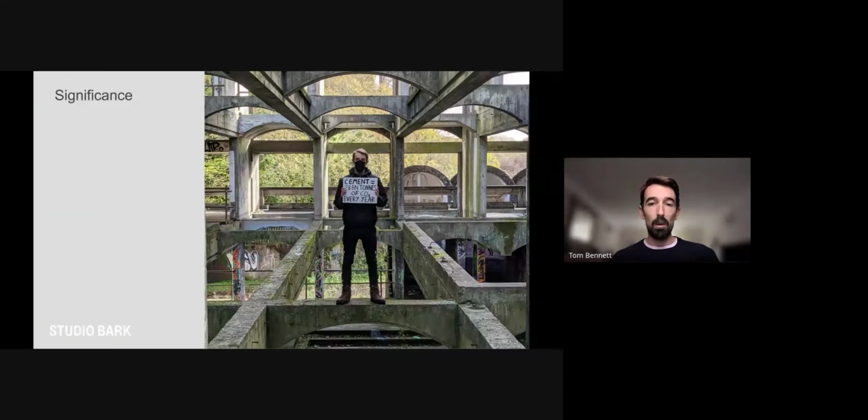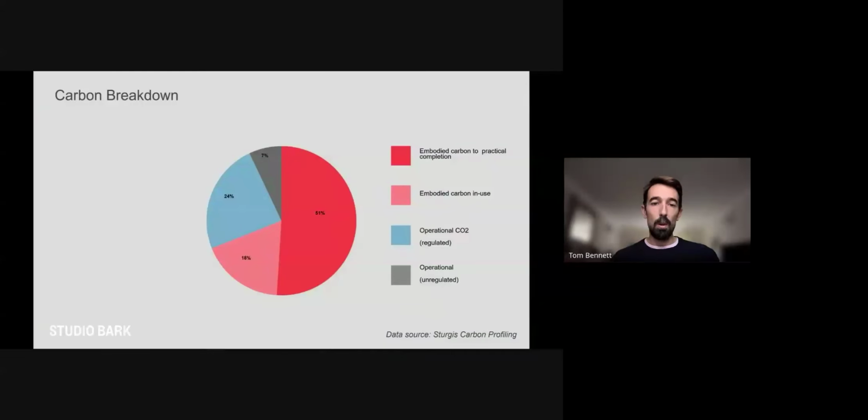Globally, embodied carbon in construction is reckoned to amount to around 11% of greenhouse emissions. On a building level, the balance of embodied versus operational carbon varies a lot from type to type and building to building, but embodied carbon can be up to 3/4 of a building's total carbon impact.